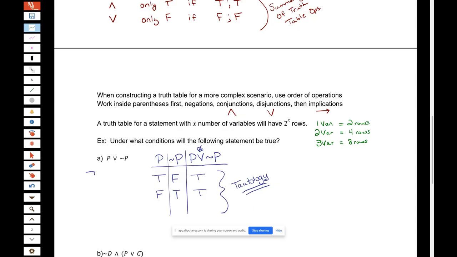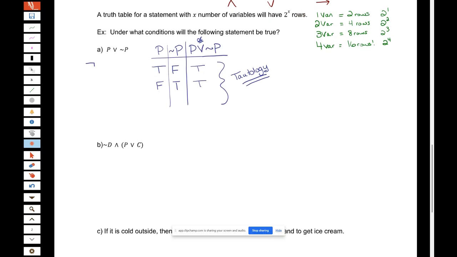It's a power of two thing. 2 to the first because we have one variable, 2 to the second because we have two variables, 2 to the third because we have three variables. So how many rows would there be if there were four variables? Which there won't be, don't worry about that. 16. 2 to the fourth. So a truth table for a statement with X number of variables will have 2 to the X rows.